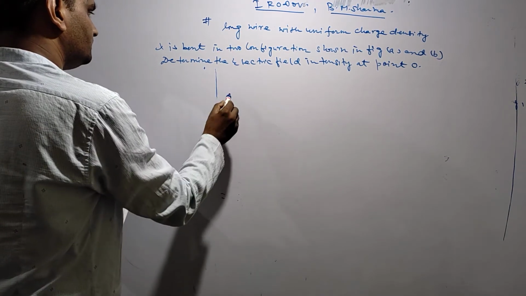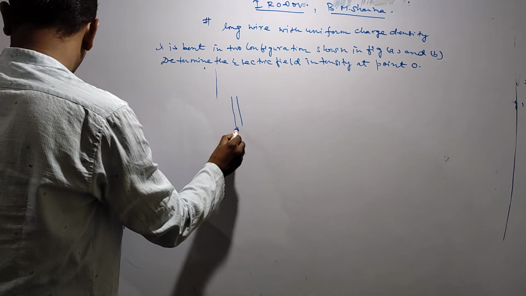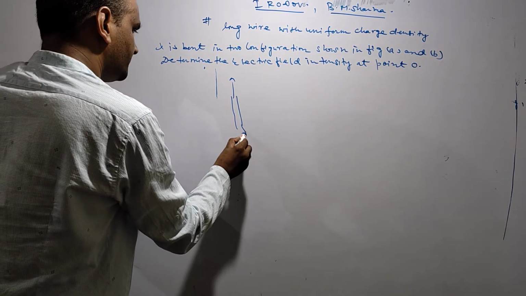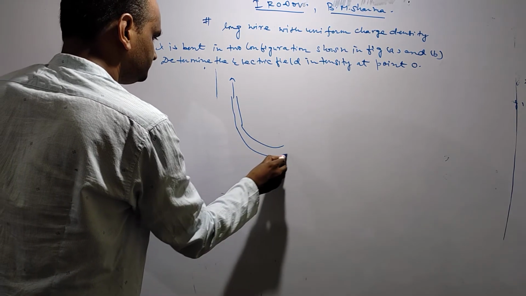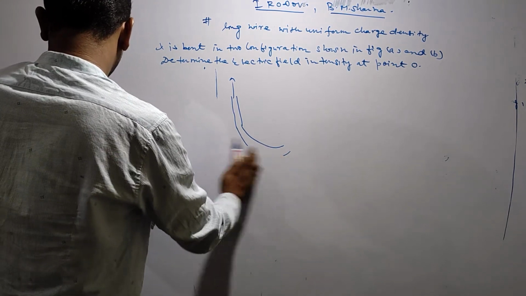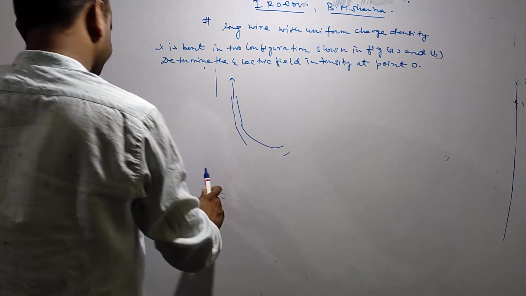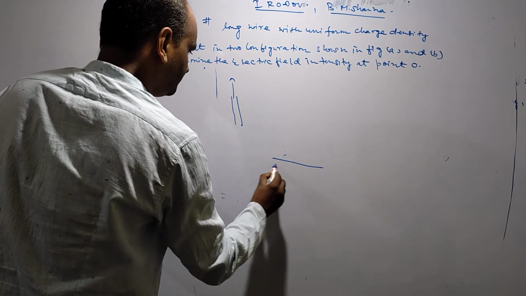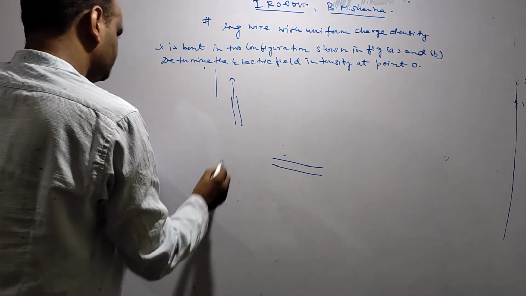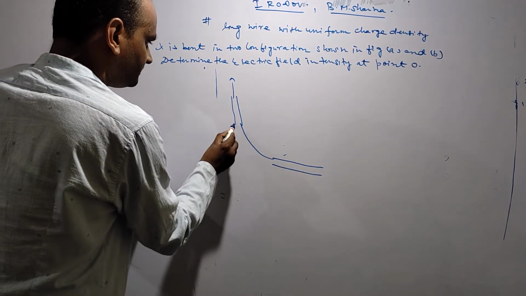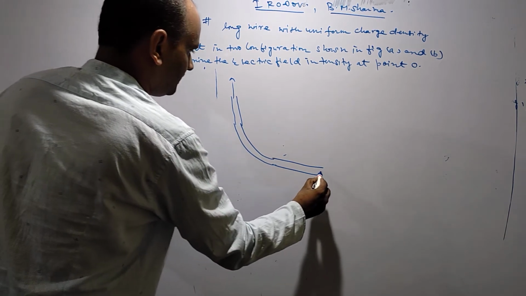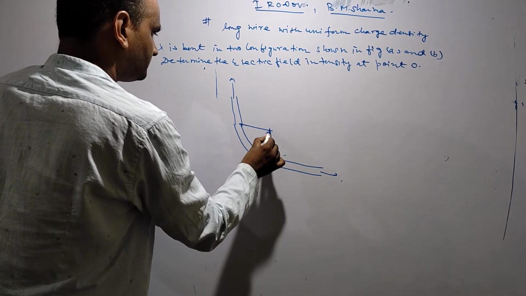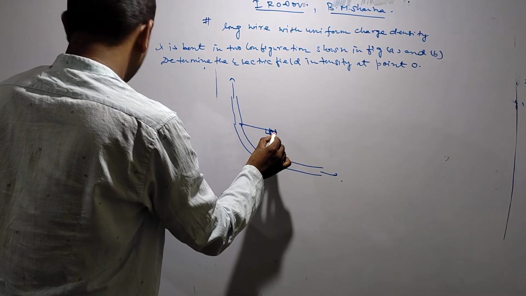This is your wire, and it is going to be very long and making an angle, and this one is like this, and this is your semi like this, and going to be like this. Now this is your 90 degree and this is your center.